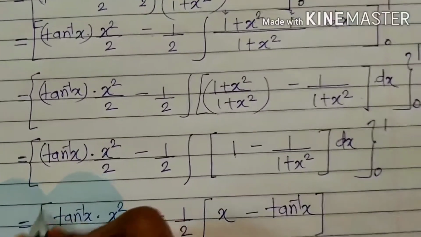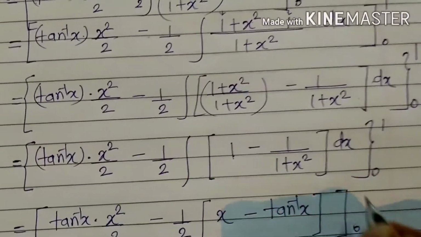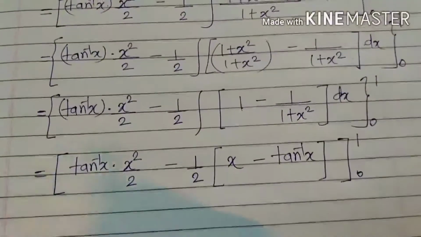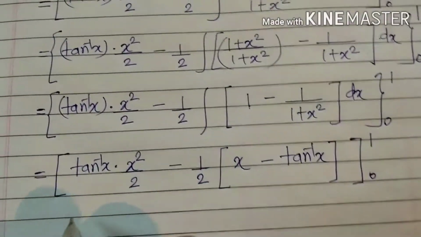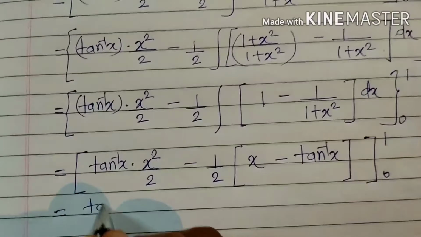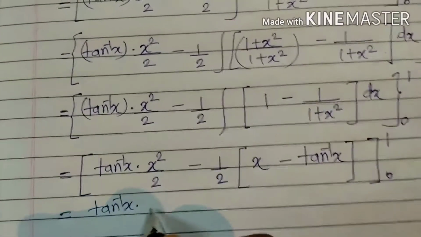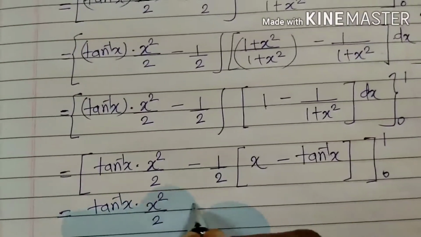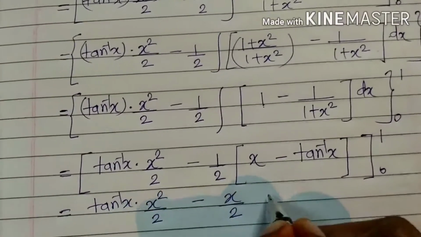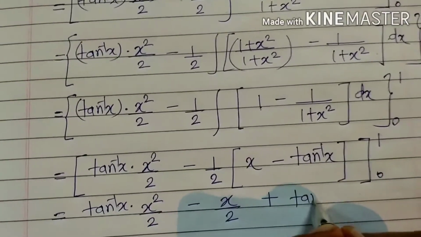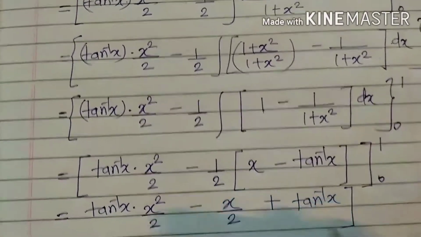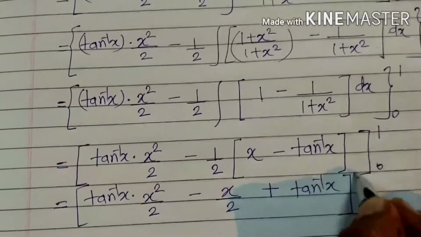Now multiply this 1 by 2 in this bracket. So we get tan inverse x into x square upon 2 minus x upon 2 minus minus plus tan inverse x, and these limits from 0 to 1.